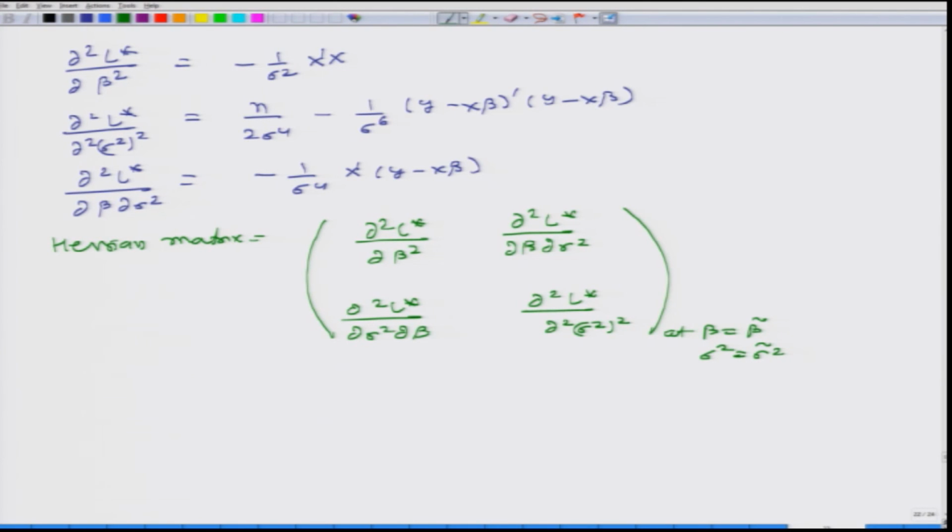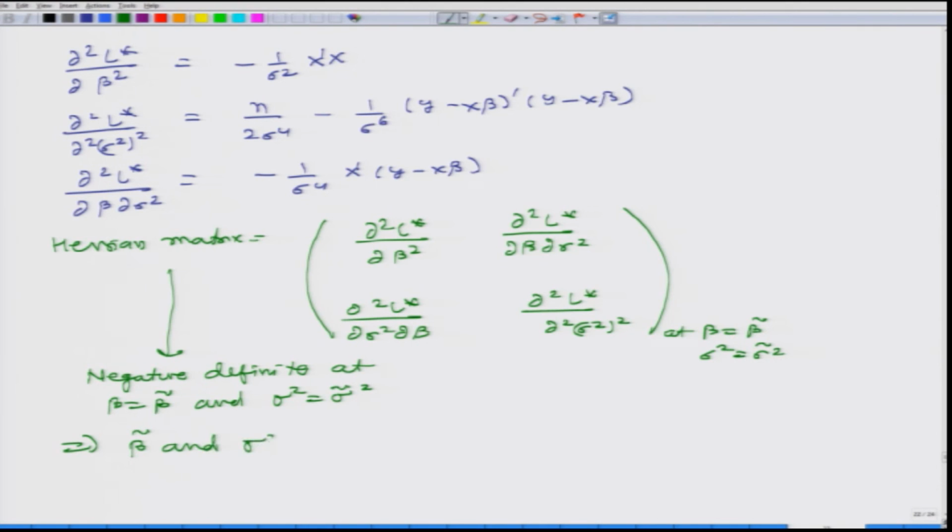And this Hessian matrix comes out to be negative definite at beta equal to beta tilde and sigma square equal to sigma square tilde. So, this implies that beta tilde and sigma square tilde maximize the likelihood function.